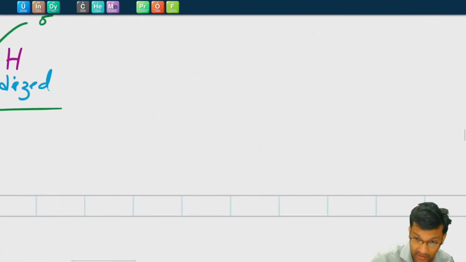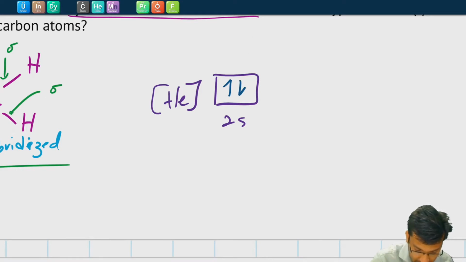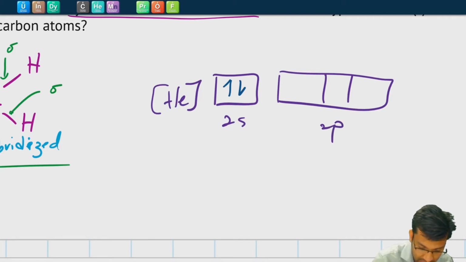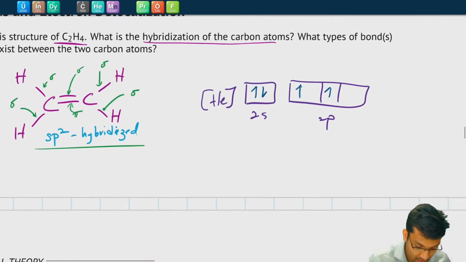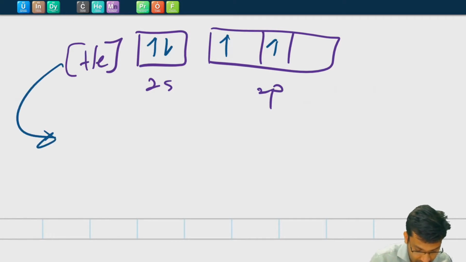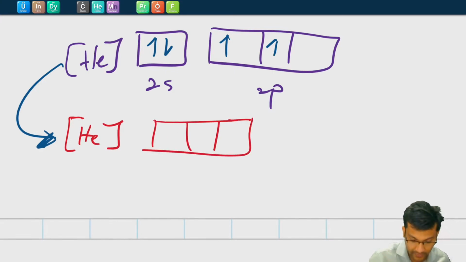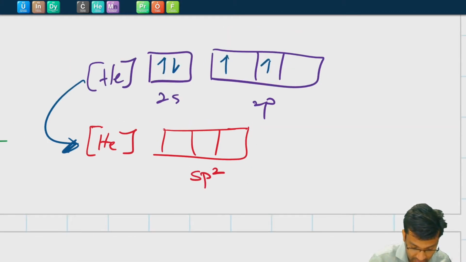Well, let's look at the electronic structure of carbon. Carbon has a 2s orbital that's filled, and then 2p orbitals with 2 electrons in them, because carbon has 4 valence electrons. Because we know that this molecule is sp2 hybridized, before it bonds, one s and 2 of the p orbitals hybridize to form 3 new orbitals labeled sp2.